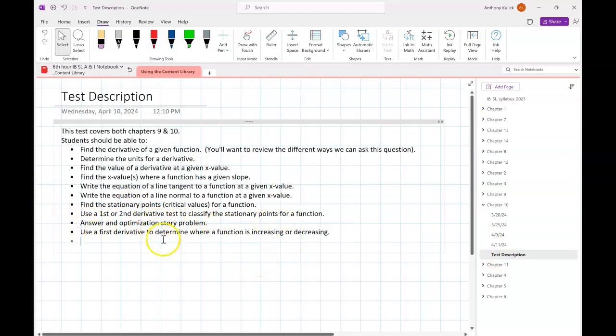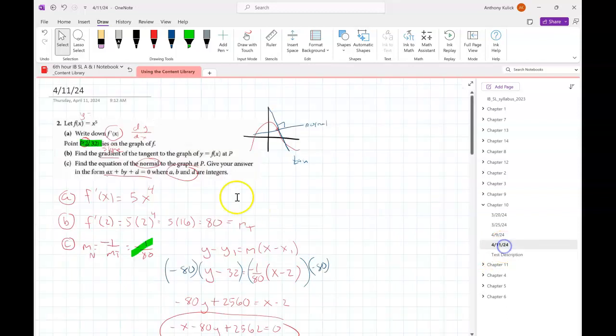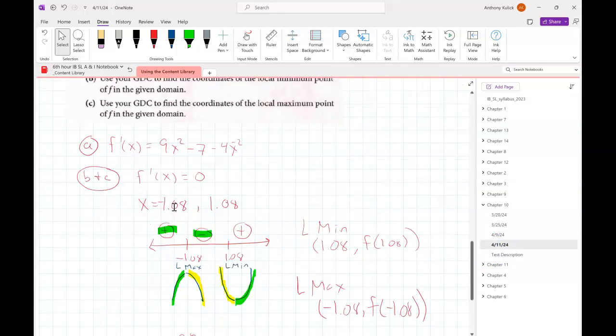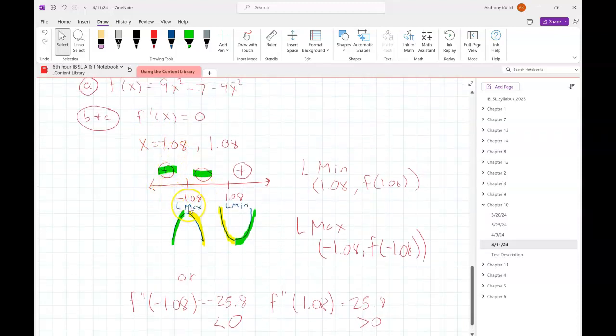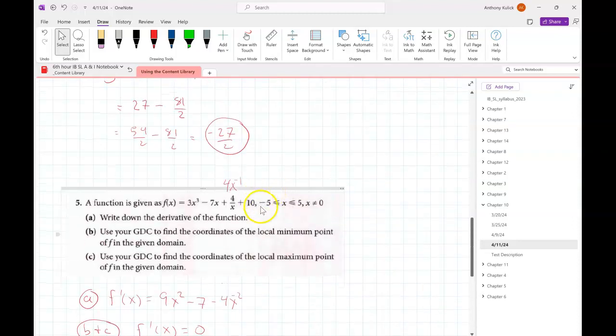And then we have optimization problems, right? Oh, we did first derivative to tell where the function is increasing or decreasing, right? We did that already when we drew that sign diagram. So we're increasing from -5 up to -1.08, and then from 1.08 to 5. Again, why is it 5 and not infinity?